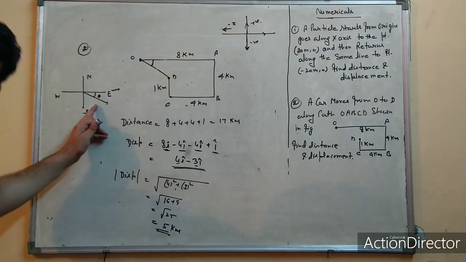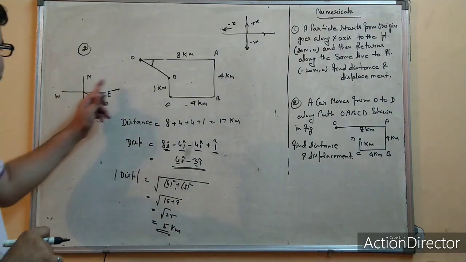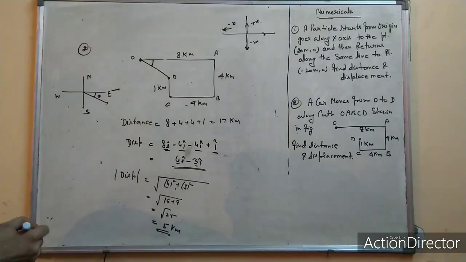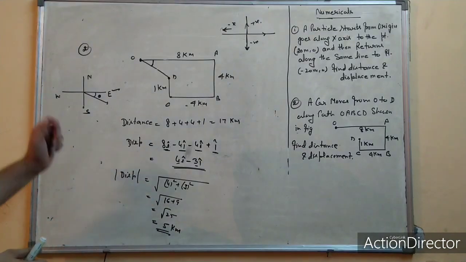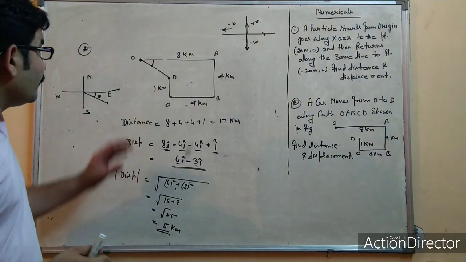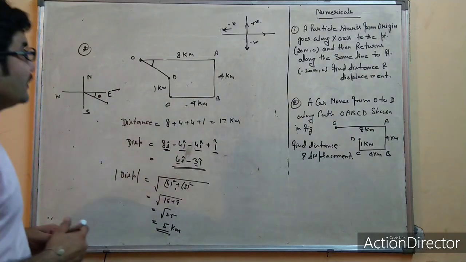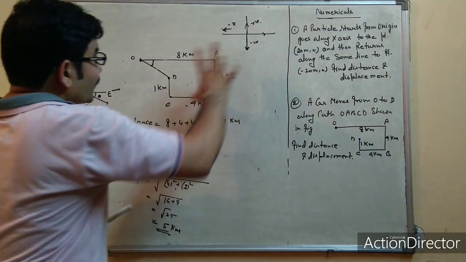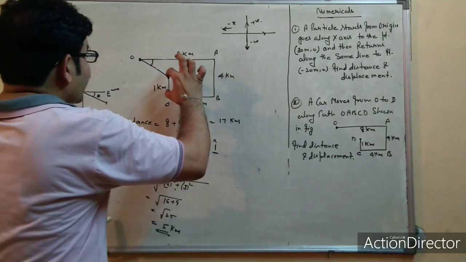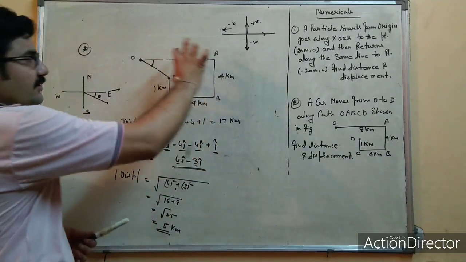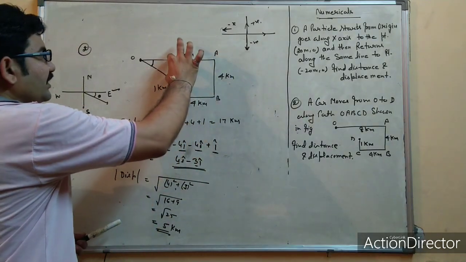At a particular angle. For finding that angle, you have to find what value here. Let's check it. It is 4. If we cut 1, it will be 3.